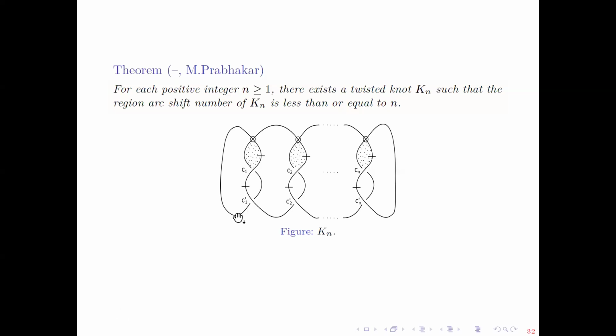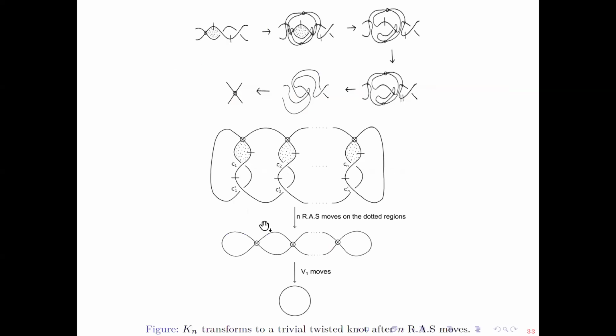Here this vertical local part is repeated n times and the dotted region is where you put the region arc shift move, and I will show what happens when you put it. This is the vertical part, which I've written horizontally. In the dotted region, there are two boundary arcs where the region arc shift move has been applied and it becomes one virtual crossing.